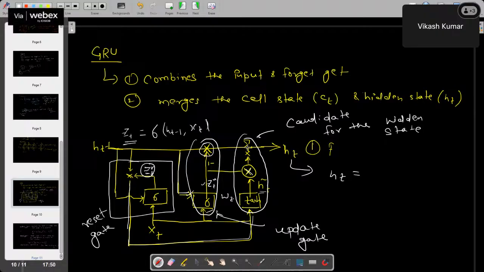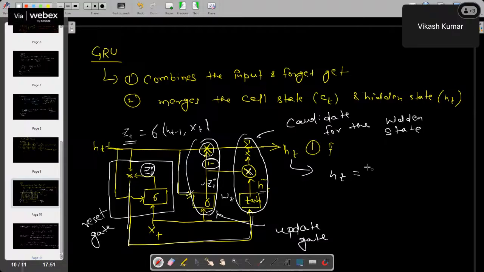Both of them will get added. Anyone who can suggest how we can write this ht? And one more thing, this value is complementing: whatever information we follow this side, the remaining will be followed this side. It is something like a balancing factor.